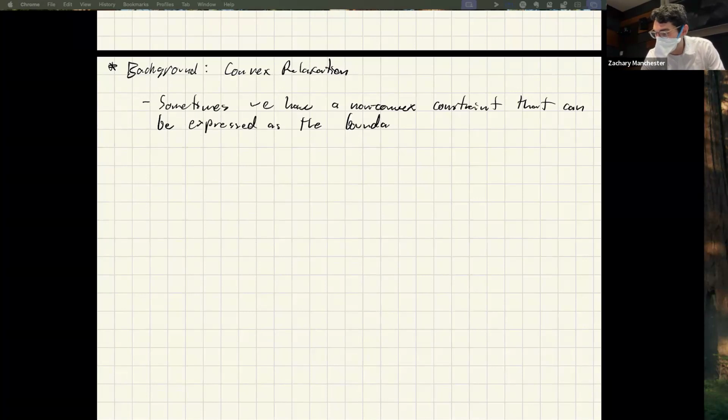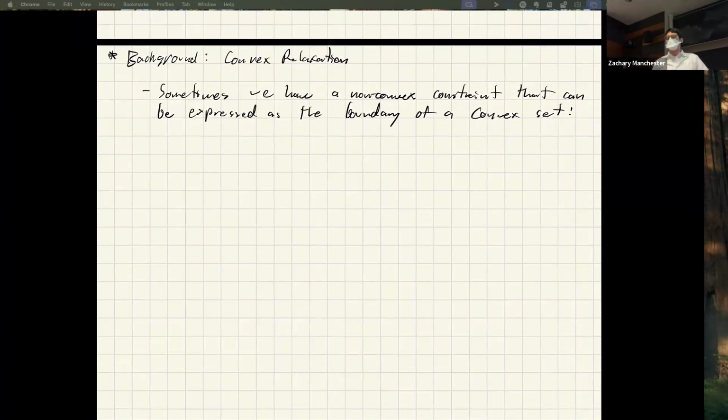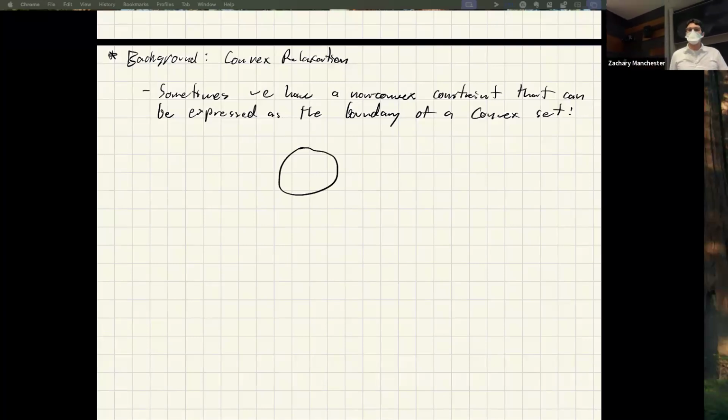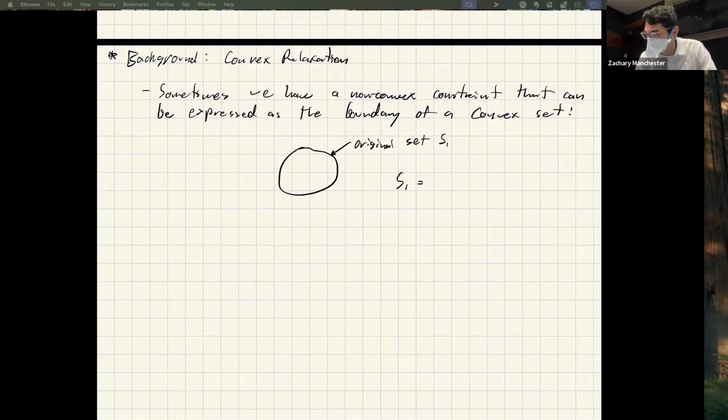A good example would be a sphere. So if I have a constraint that says X has to be on the sphere, we'll call this S1. So this is the original set, where S1 is the set of X's such that norm of X equals 1.